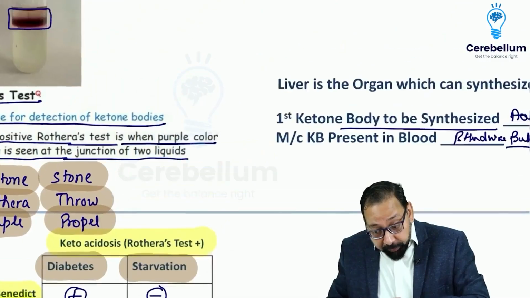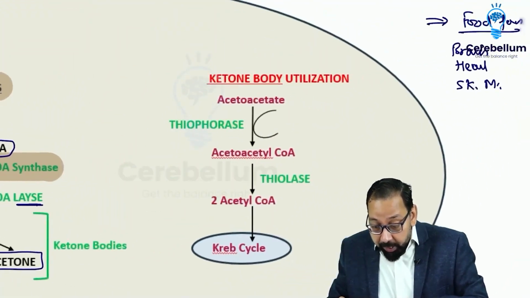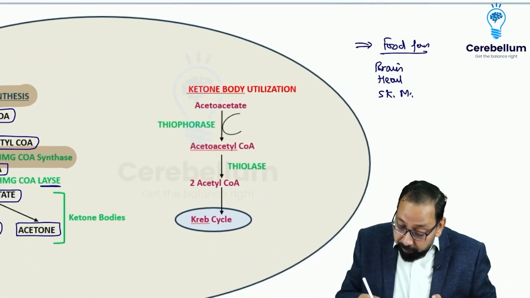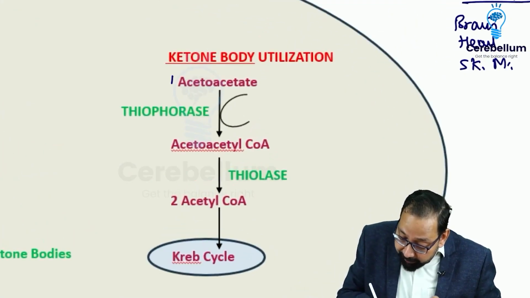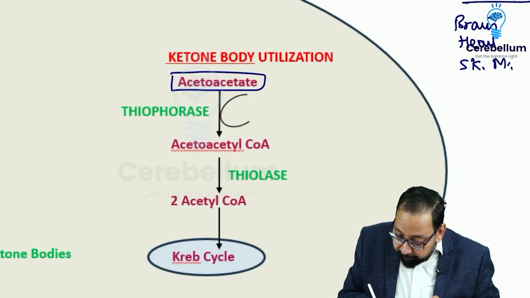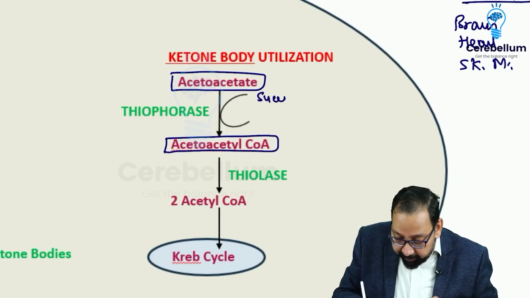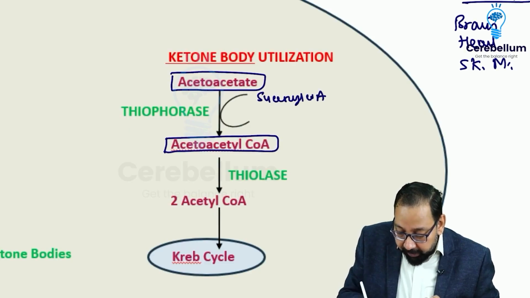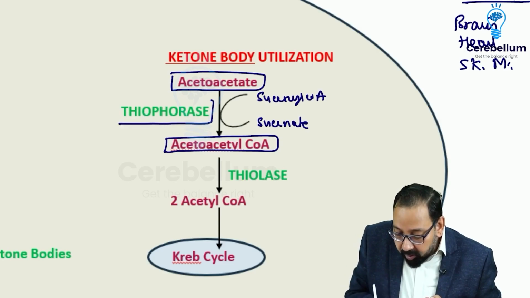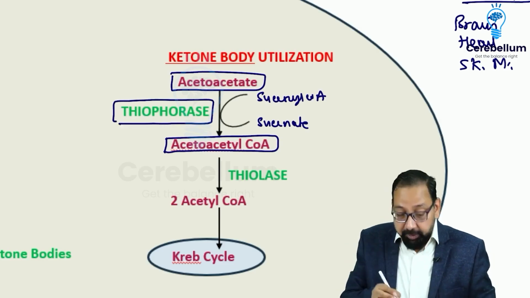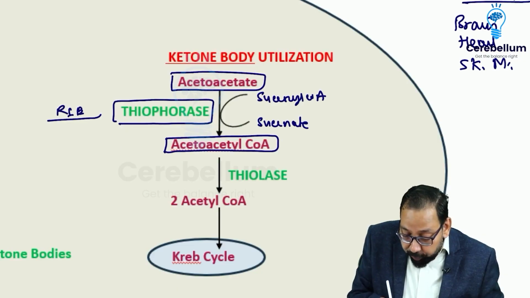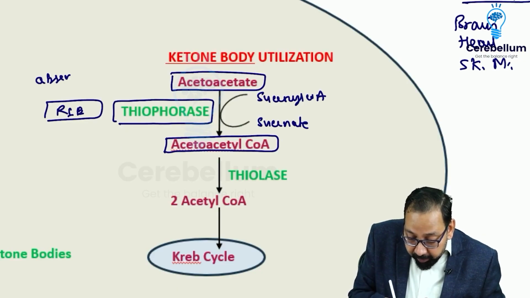Now, ketone body utilization. The first step is acetoacetate converted to acetoacetyl coenzyme A, and in this reaction succinyl coenzyme A is converted to succinate. The name of the enzyme is thiophorase. This is the rate limiting enzyme, and this enzyme is absent in the liver.